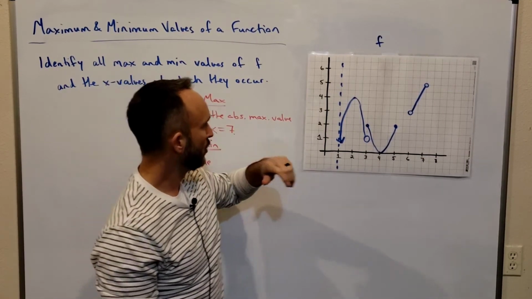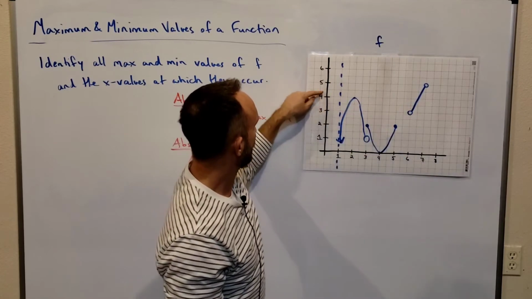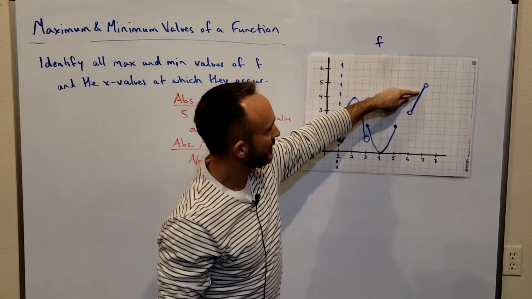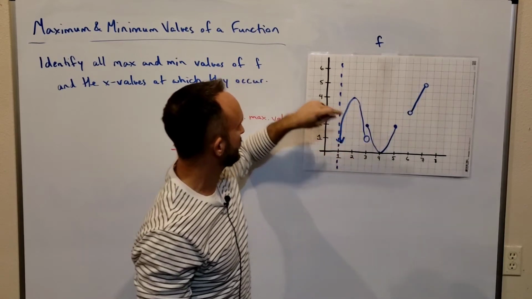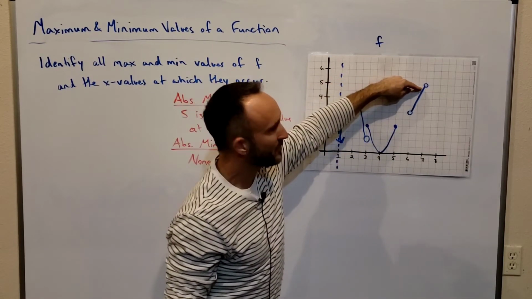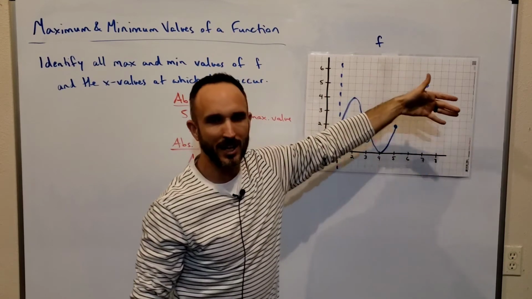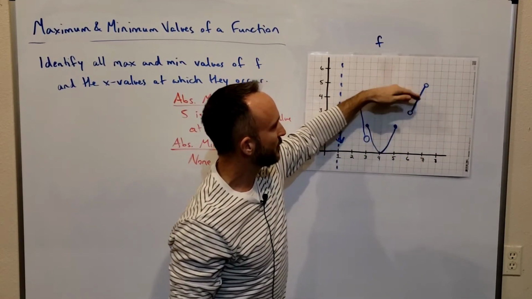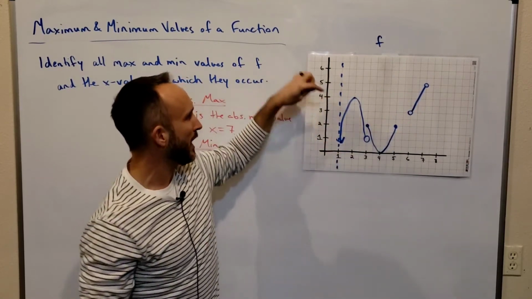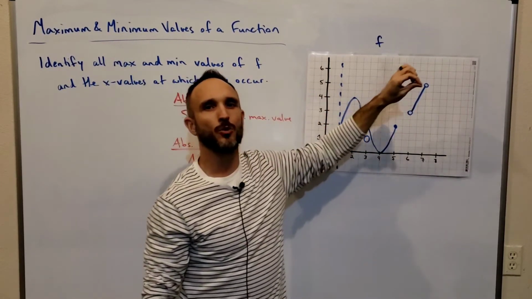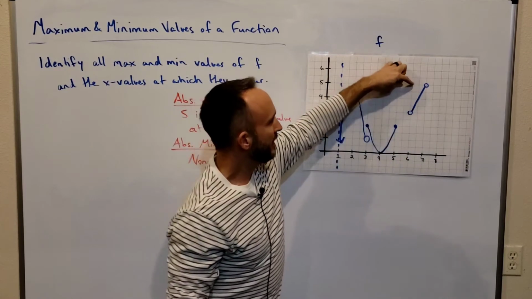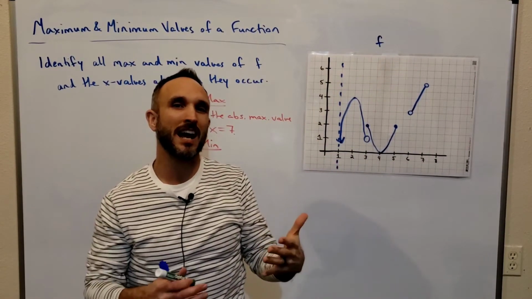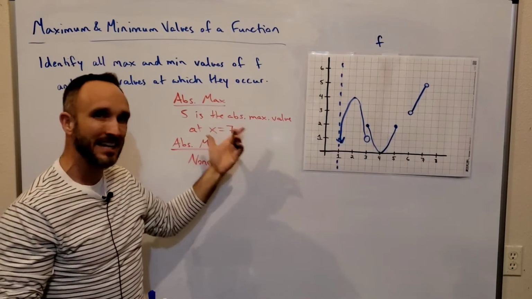Well, would it be 4.5? Would that be the highest y value? It hits 4.5, right? But it clearly hits points higher than 4.5. So would it be 4.75? No, it hits points higher than that. In fact, this open circle indicates that we're getting infinitely close to the y value of 5, but we never reach it. So if we had an open circle here, this particular function would not have an absolute maximum either.